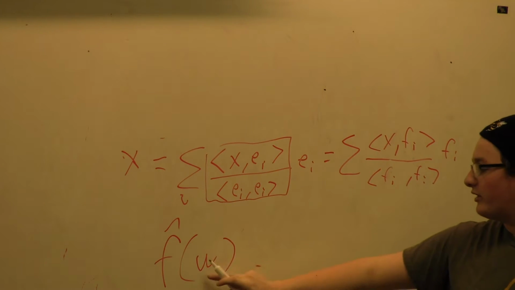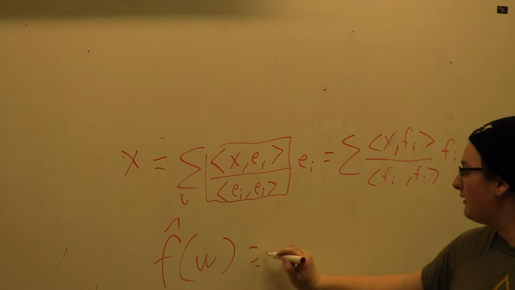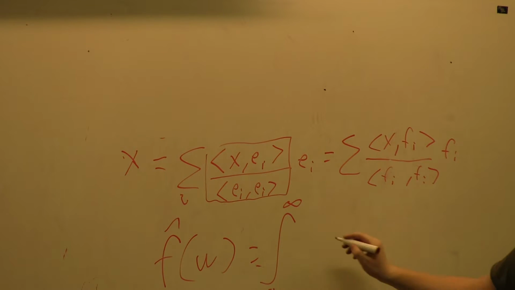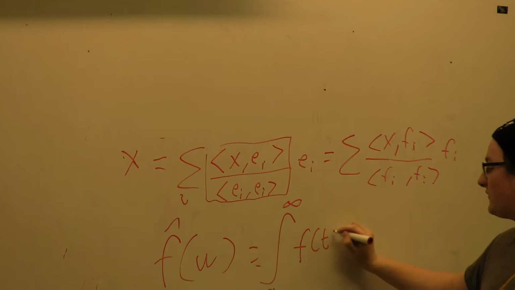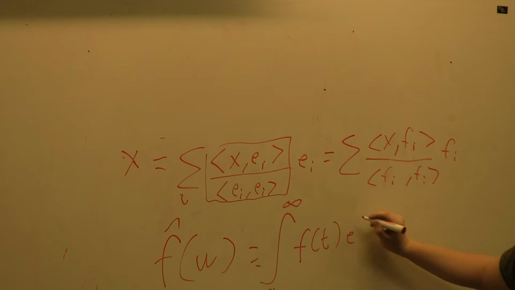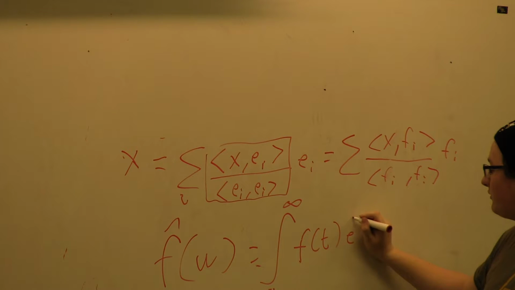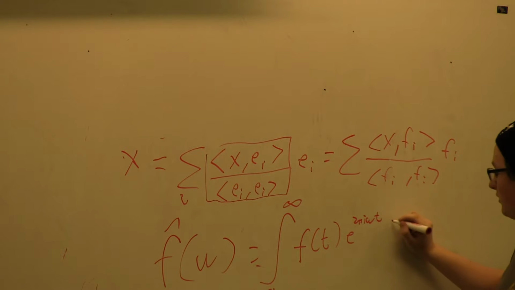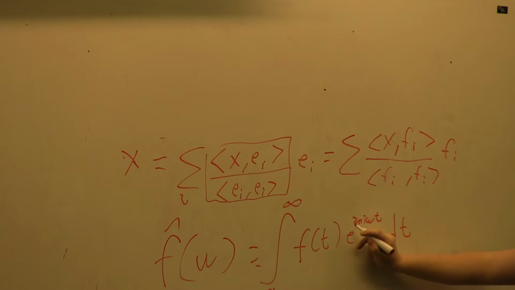F hat of omega is equal to the integral from 0 to infinity of f of t times e to the 2 pi i omega t dt. I can't remember if there's a negative or not here. I don't think there is. There will be an annotation in the video that will say whether or not there's a negative there.